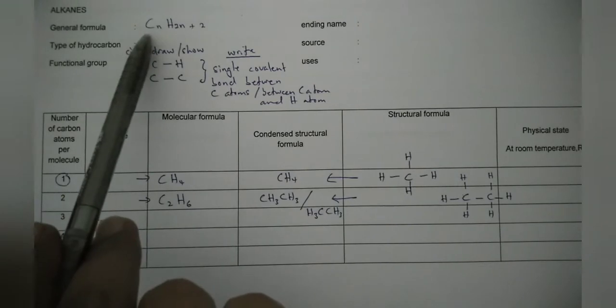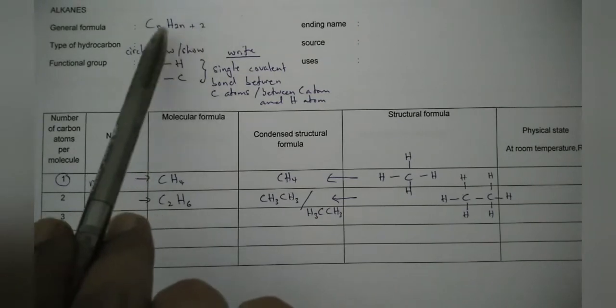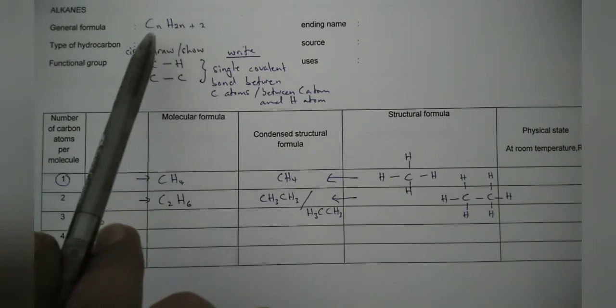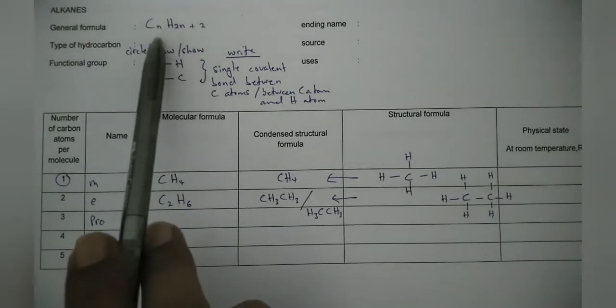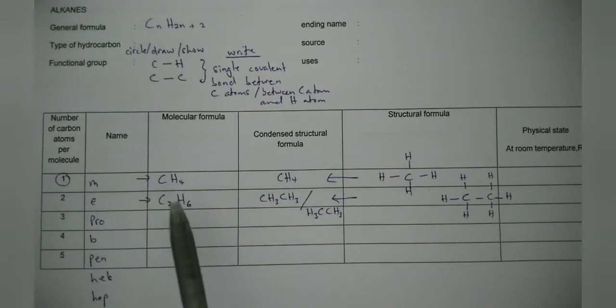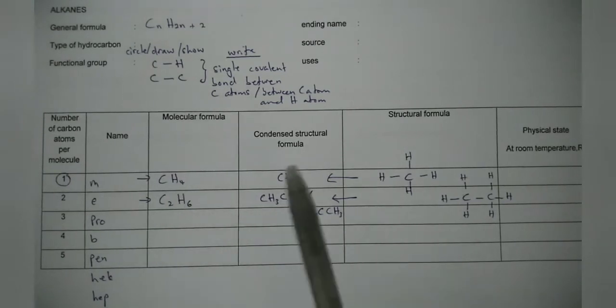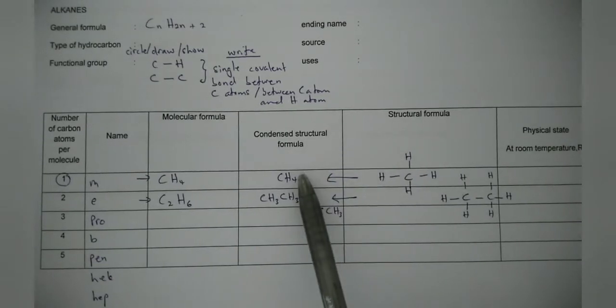So here is the general formula for homolog series of alkane, CnH2n+2, and n refers to the number of carbon atom in one molecule or one substance. So what is the use of general formula? Based on general formula, we can identify the molecular formula. When we get the molecular formula, we can get the structure formula and condensed structure formula.